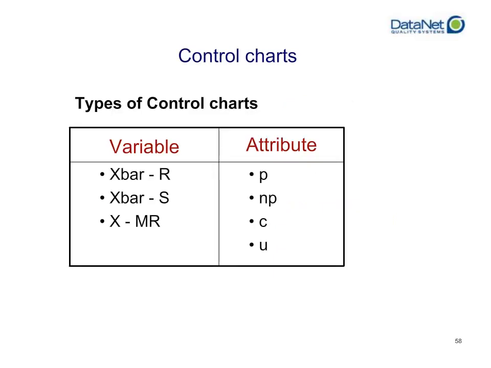Because variables and attributes are different in how they are recorded, they therefore have different types of valid control charts that you can use with them. Variables at their core are measurements of some kind. They're quantitative, and they have specifications, spec limits, tolerances, a line of delineation that separates good product and bad product.